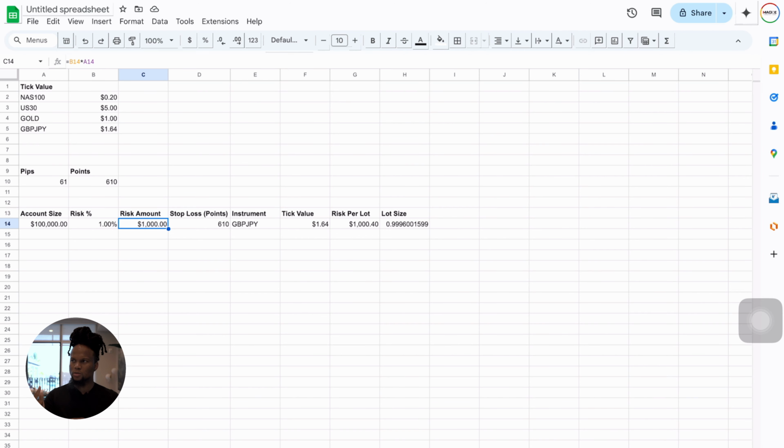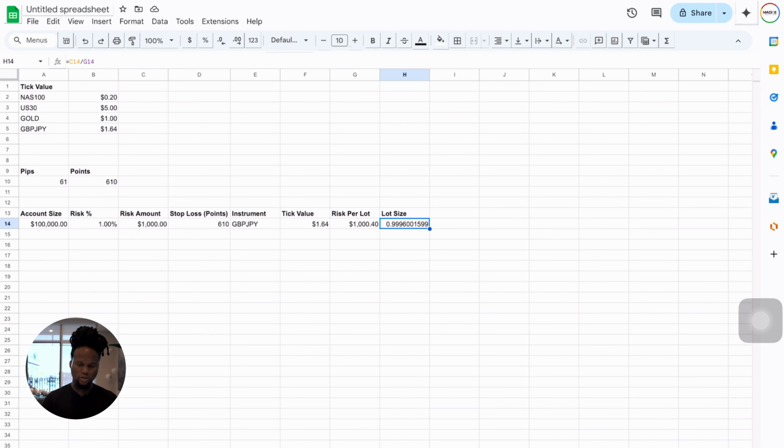All right, so running it now. This is it now for GBP. So 610 points will give you a $1,000 risk, which is a lot size.